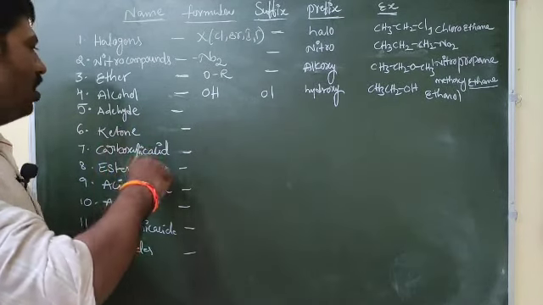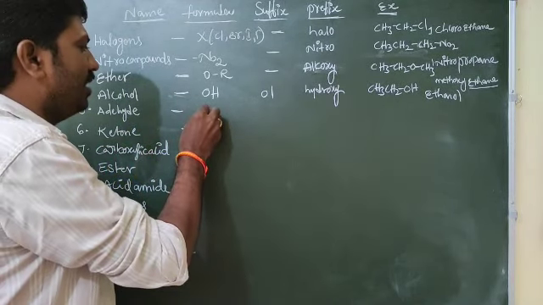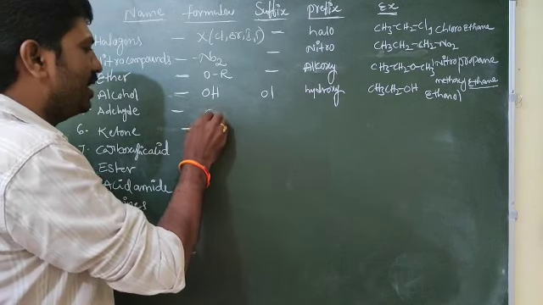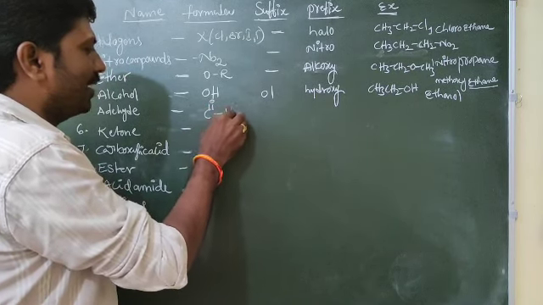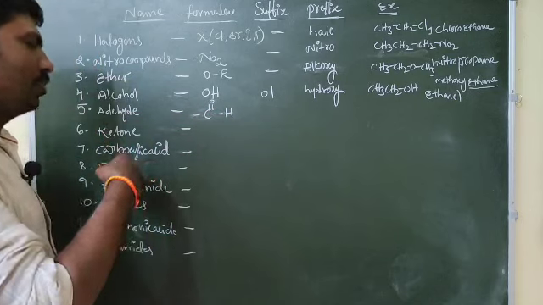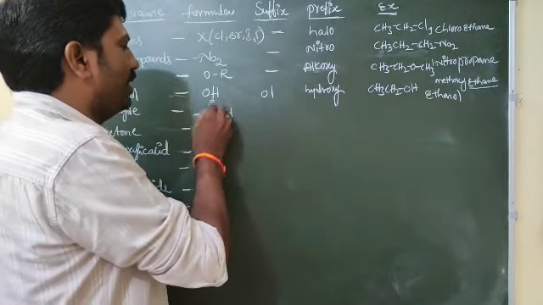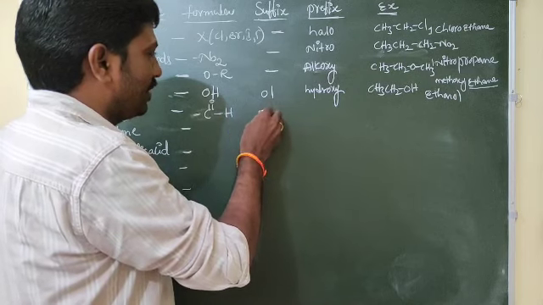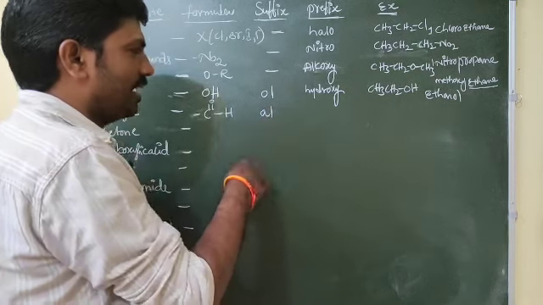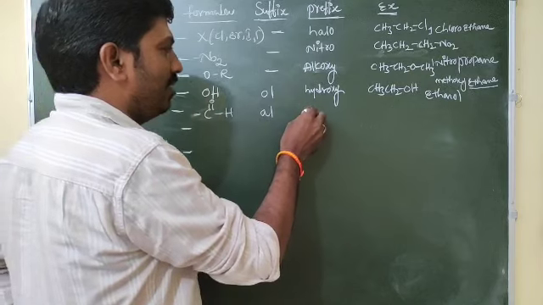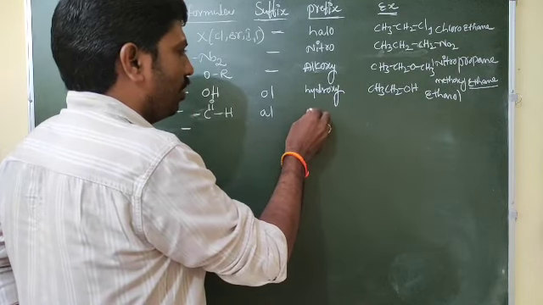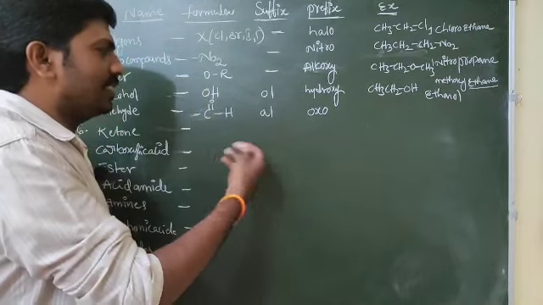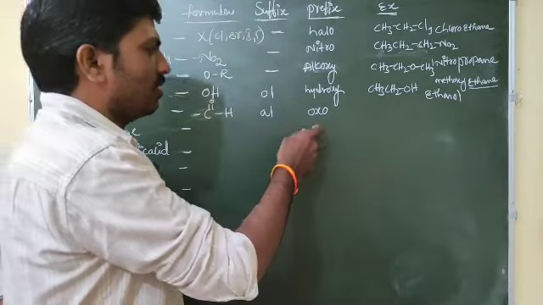Next, aldehyde functional group. Aldehyde is CHO, otherwise we will write C double bond O H, with the alkyl group on this side. Suffix is AL: aldehyde is AL, alcohol is OL. If it is a prefix, that is oxo.